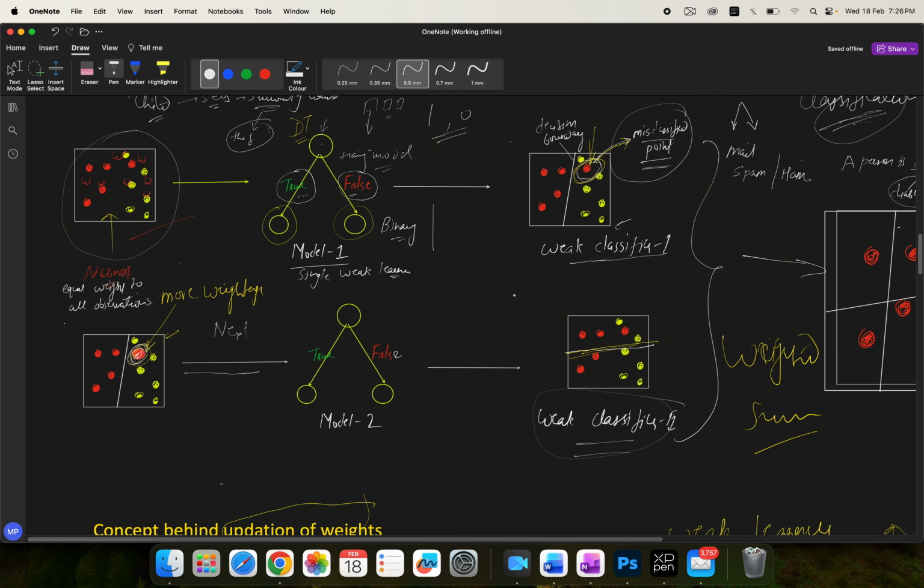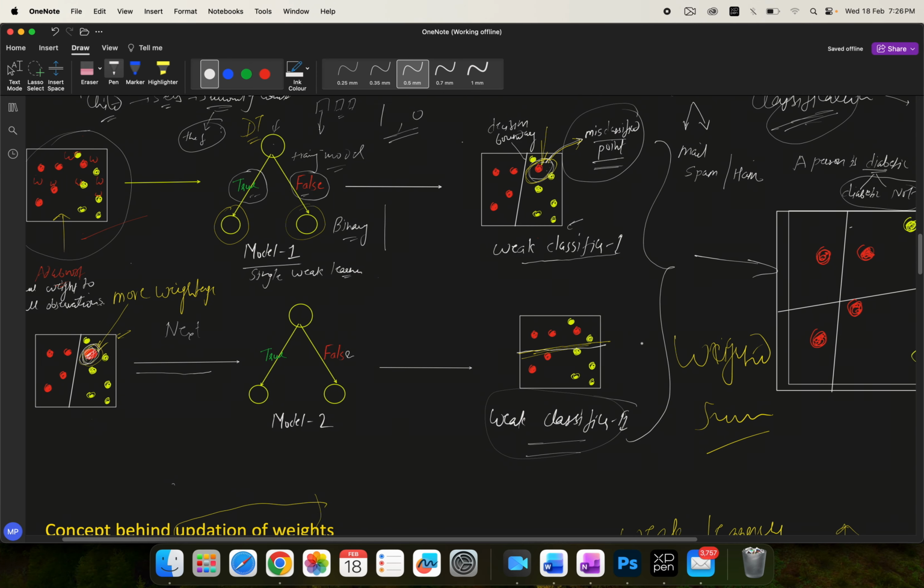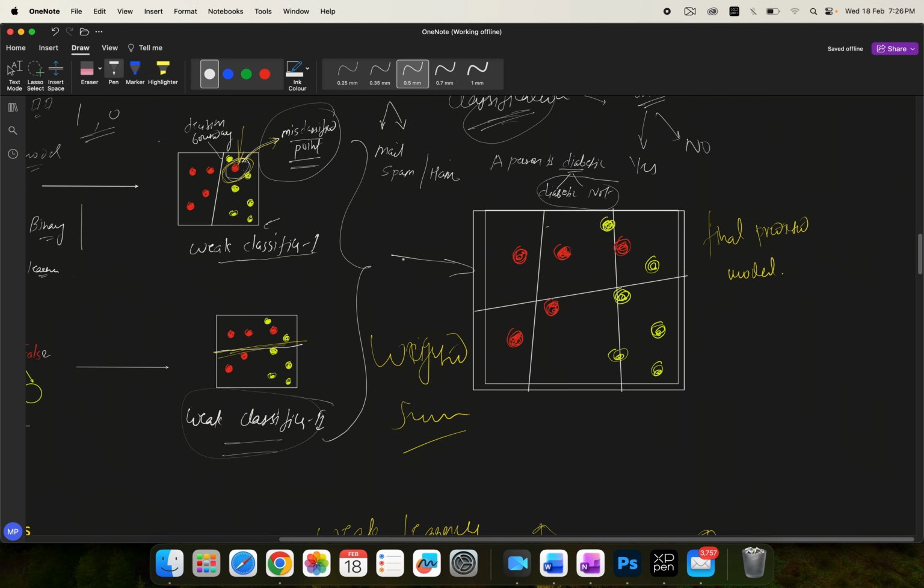So there are many such data points. Now what we are doing is taking the weighted sum of all the weak learners. This is how it will be done, and this will be the final predicted model. These steps will iterate continuously to create a specified number of weak learners.